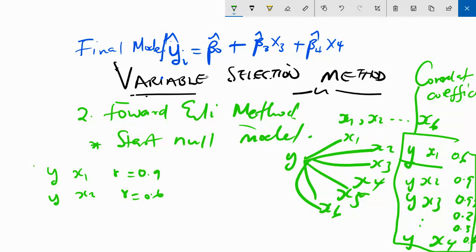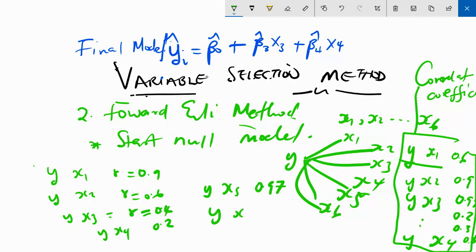R is 0.6 between y and x3. But it doesn't matter, even if I don't write all of them. 0.2 for y and x4, y and x5 is 0.97, y and x6 is 0.22.